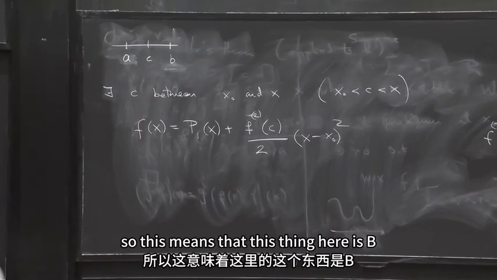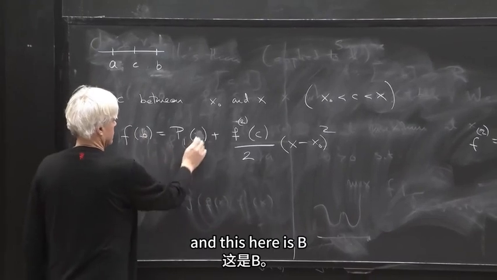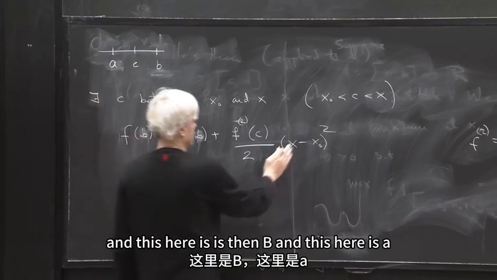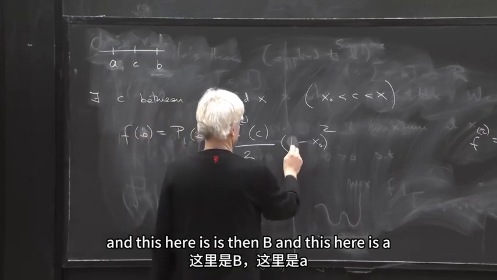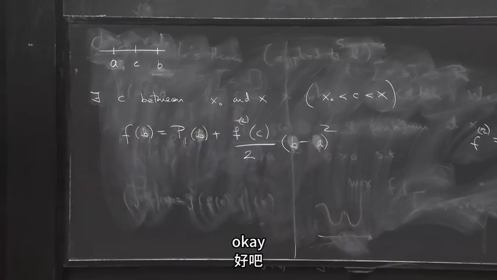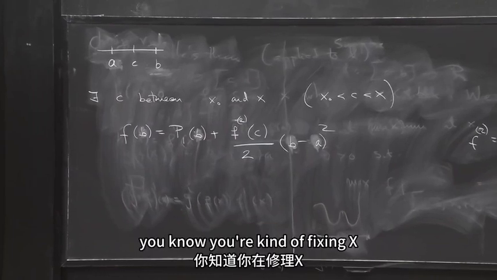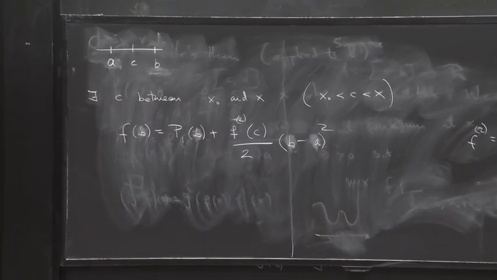So this here is B, and this here is A. It's just to be clear that you're kind of fixing x.